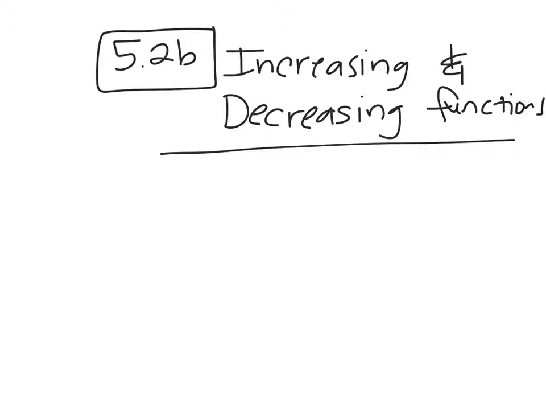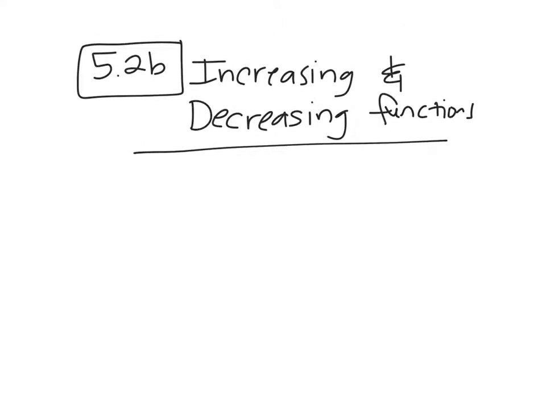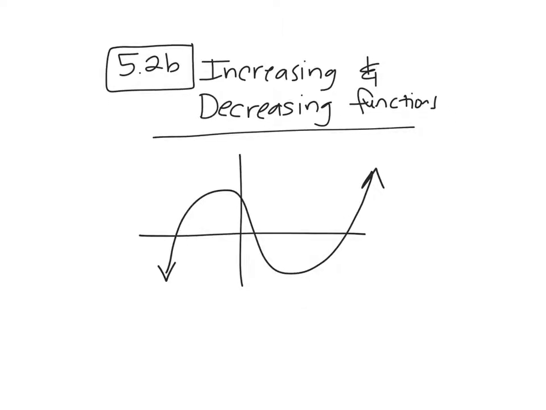Okay. Here we go. Increasing and decreasing functions. If you were given a graph that looked something like this, you had to find out what intervals this function was increasing and decreasing at, right?